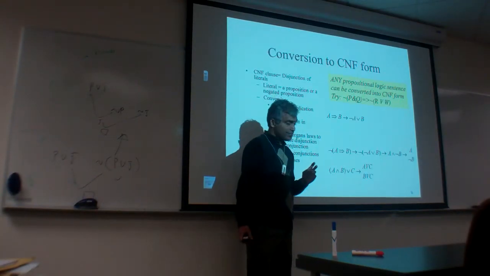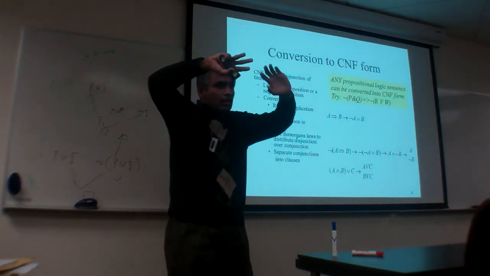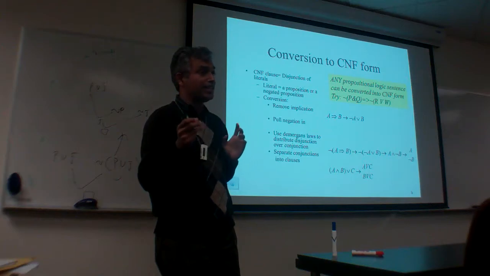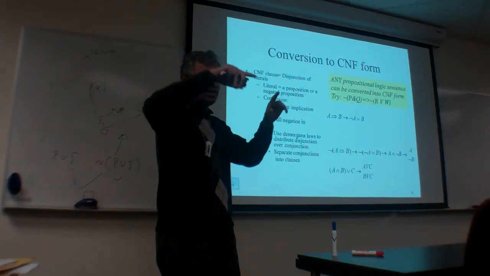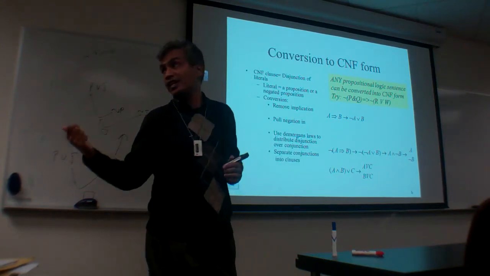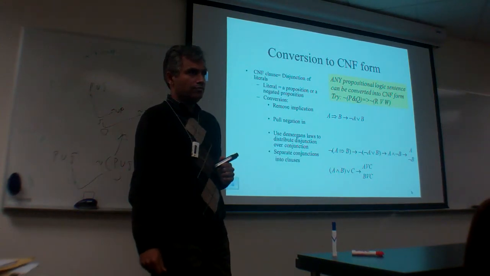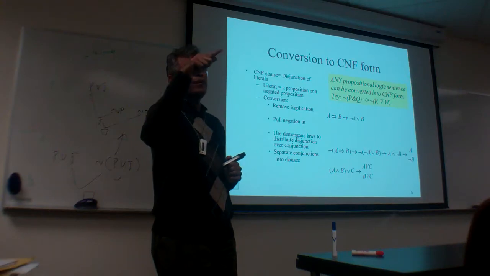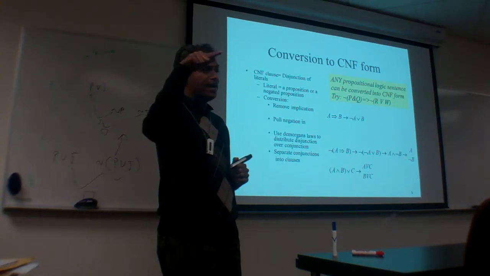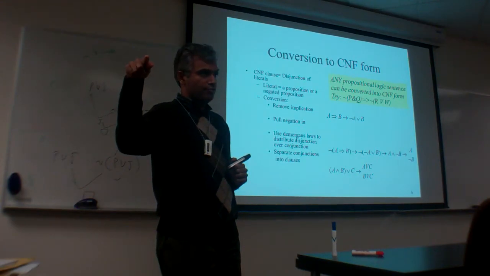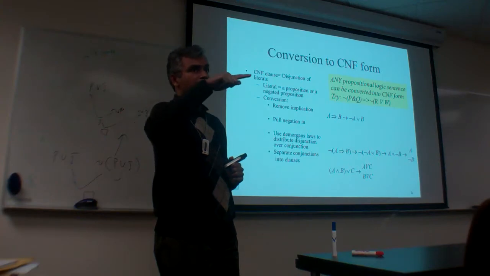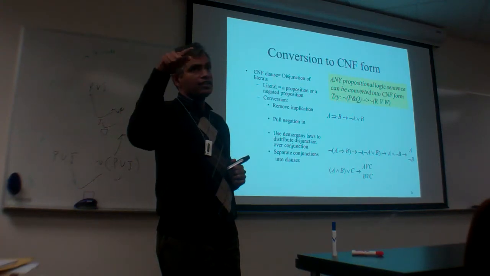Pulling negation in essentially means if you have a negation over anything other than an atom, a proposition, that means a negation over a group or a formula, then you can pull the negation in like we just did earlier. So negation of P or Q becomes negation of P and negation of Q, and similarly, negation of P and Q becomes negation of P or negation of Q.